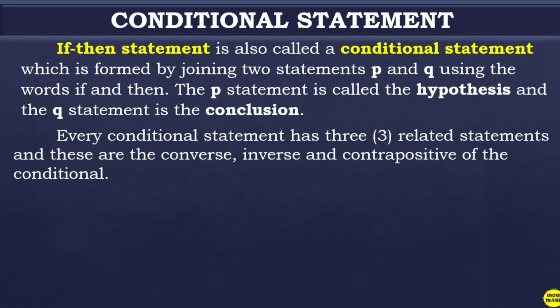Now, for every conditional statement, for every if-then statement, it has three related statements, and these are the converse, inverse, and contrapositive of the conditional statement. So, sa bawat if-then statement daw, we can also convert it or rewrite it into converse, inverse, and contrapositive.